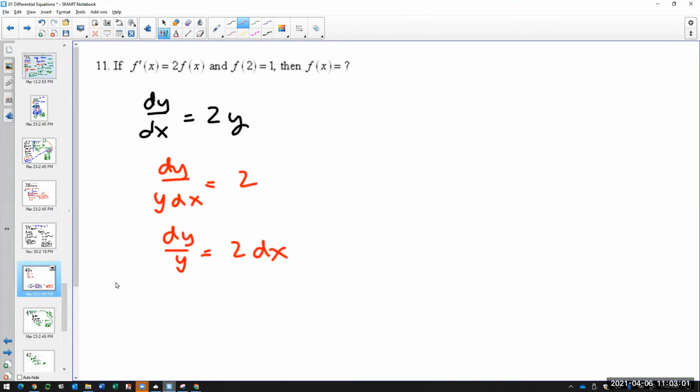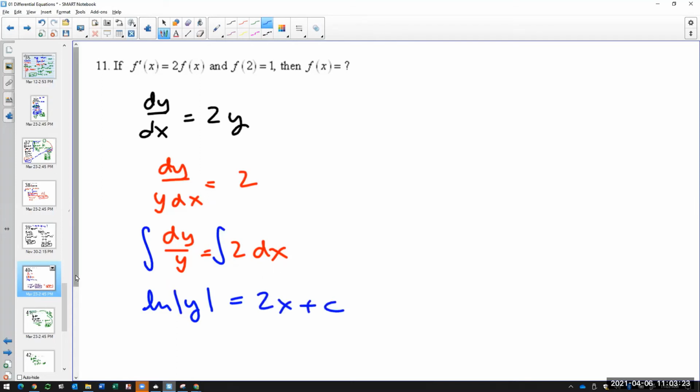So you need to move all the y's to the left side, all the x's to the right side. First you separate, then you what? Then you integrate. What is the integral of dy over y? ln of y. So this is the ln of y plus C, but I'm going to move C to the right side. Okay, what is the integral of 2 dx? 2x, beautiful.